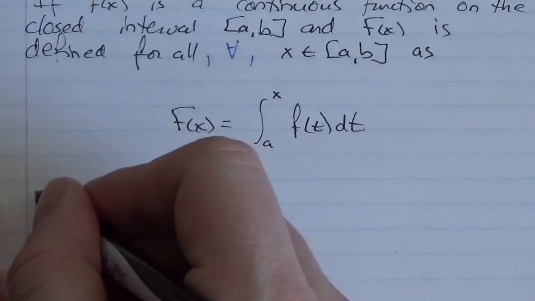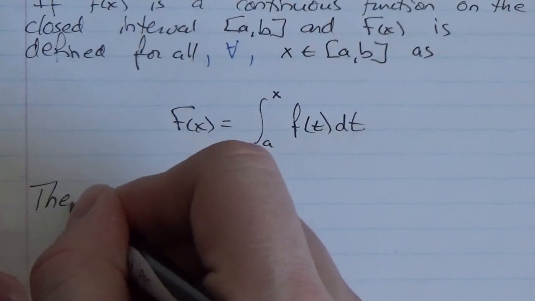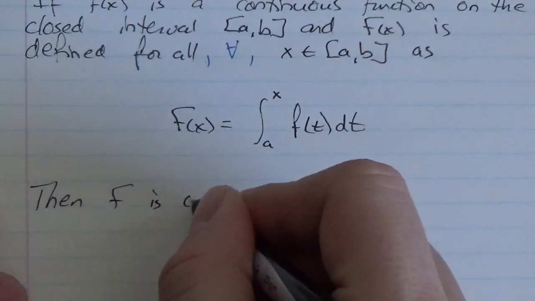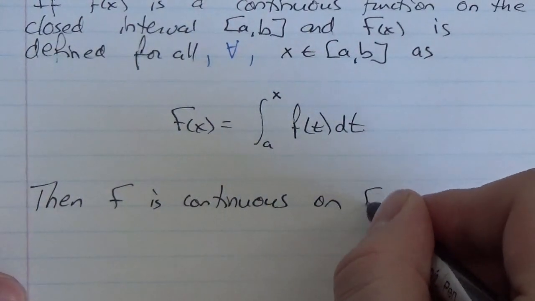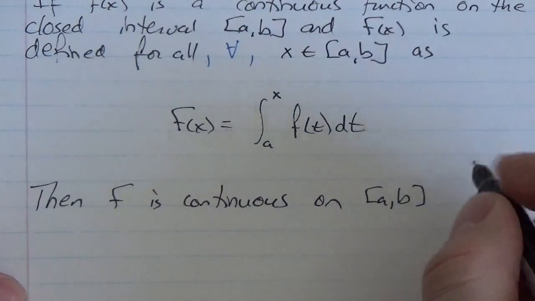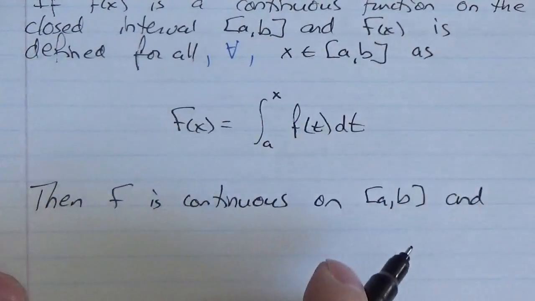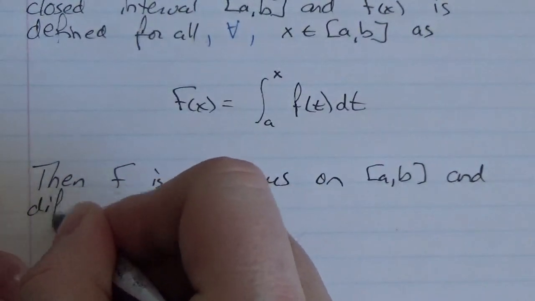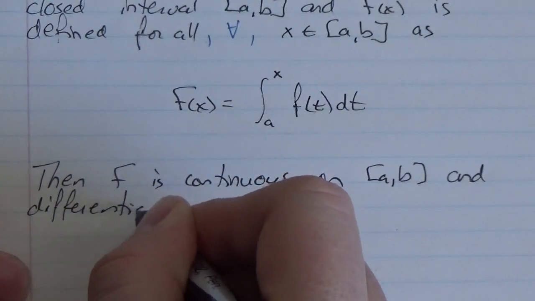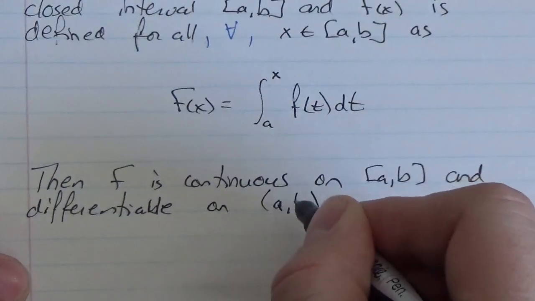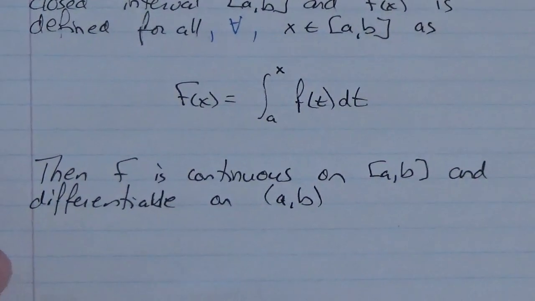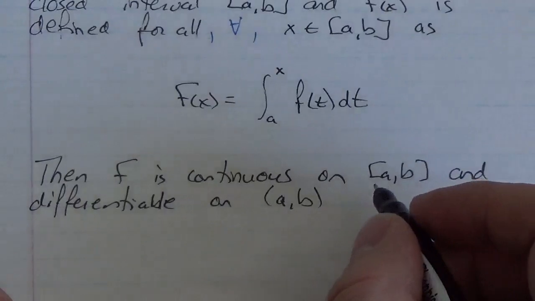Now, what this tells us is that F is continuous on that closed interval a to b, and not only is it continuous, it's differentiable on the open interval a to b, because remember, I really can't define derivatives at endpoints, since a derivative relies so heavily on limits. It doesn't work that I can go to endpoints here.